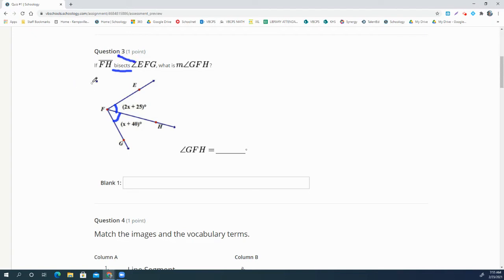Bisect means equal. So my expression is going to be 2x plus 25. I encourage you to take out a notebook and do this math if you have not already done it, and at least write down the equations, right?